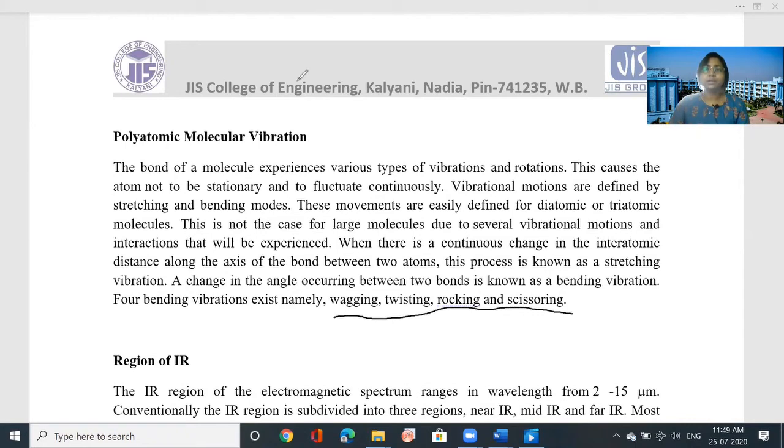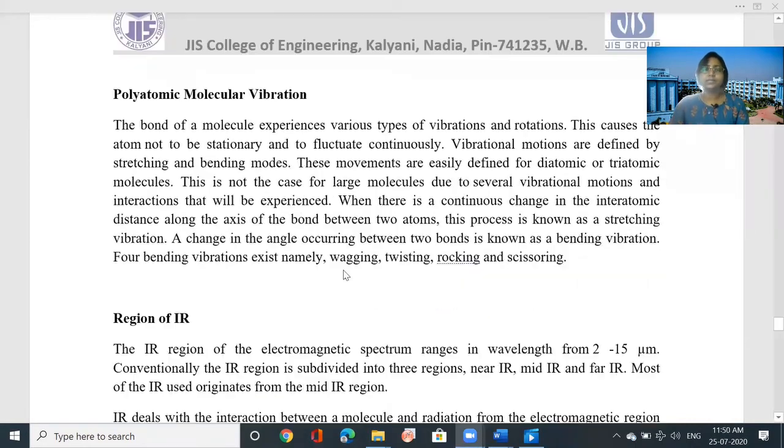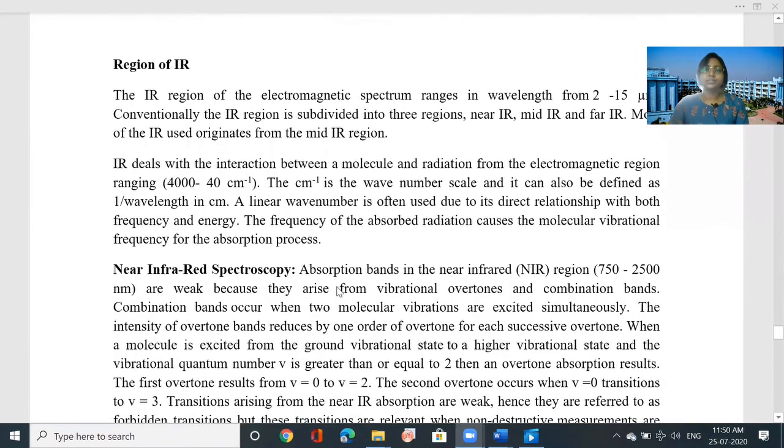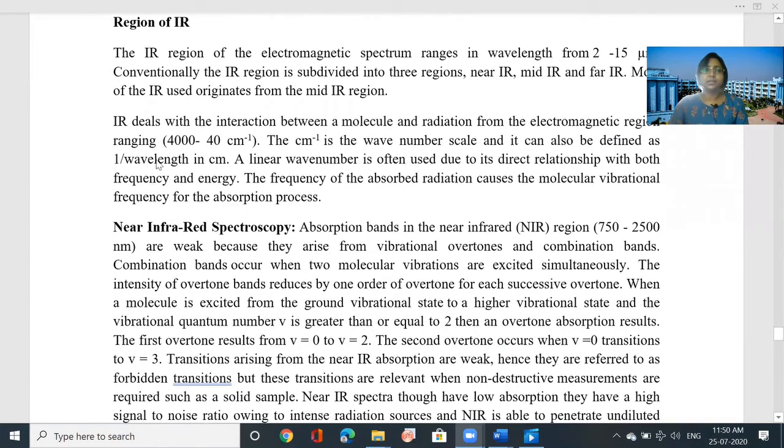Already you have seen in the video what those are. Next is the region of IR. The IR region of the electromagnetic spectrum ranges from 2 to 15 micrometers. 2 to 15 micrometers. Okay.